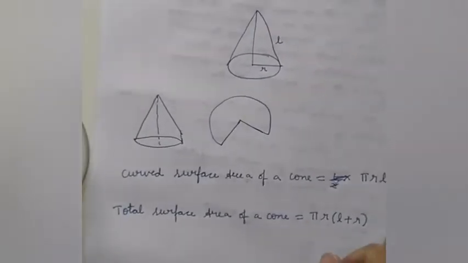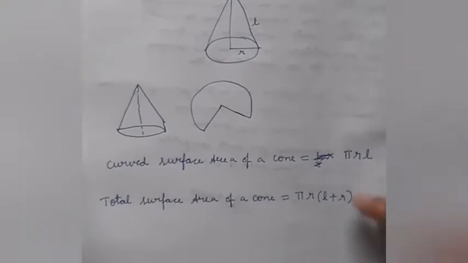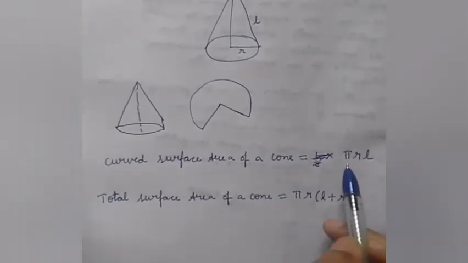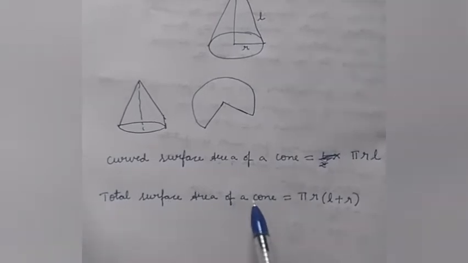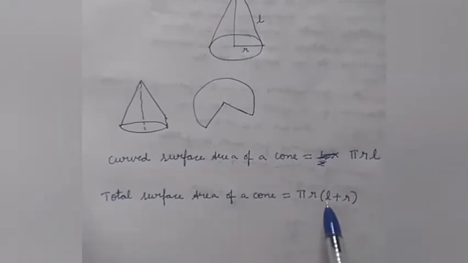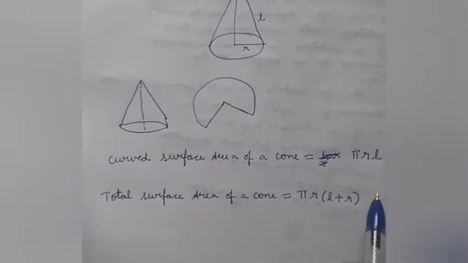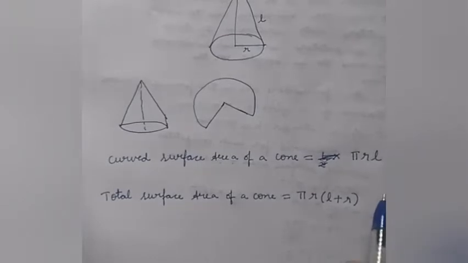So this is the formula: the curved surface area of a cone is equal to pi r L, and the total surface area of the cone is equal to pi r into L plus r. So based on this, let us solve the problems.